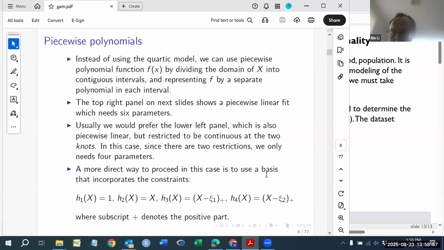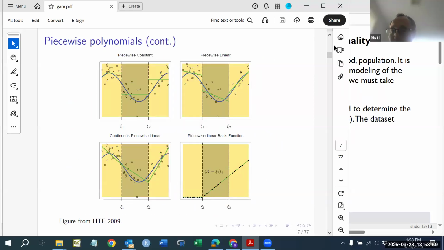Okay? For example, why is this called a local term? Because it's always zero when x is less than that. So in other words, let's say this has a coefficient beta. If I make some change on the beta, will that have impact on all the observations?